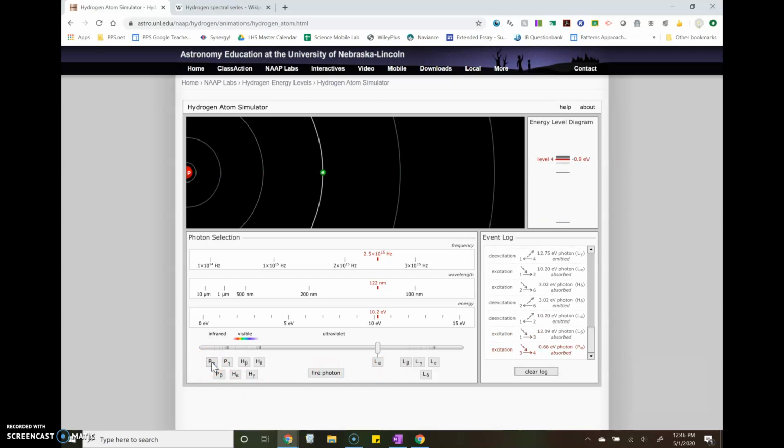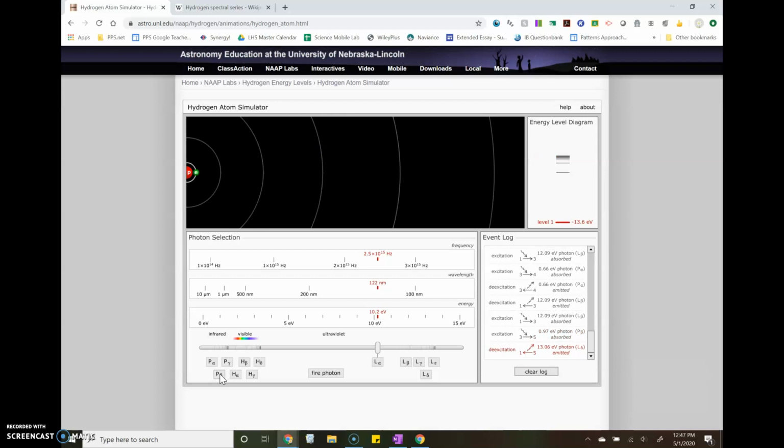Yay! And then it de-excites. Let's try this again. L beta, get it up to n equals 3. And then P beta should have it jump 2 more energy levels. Cool.